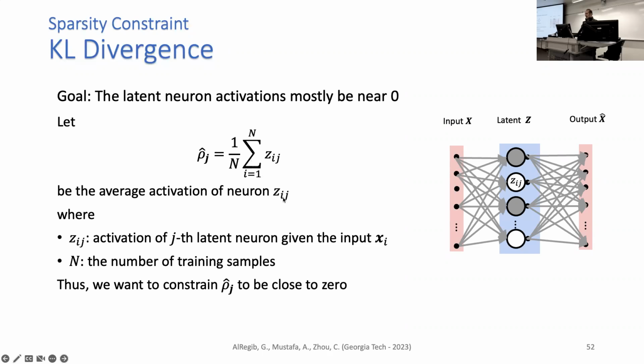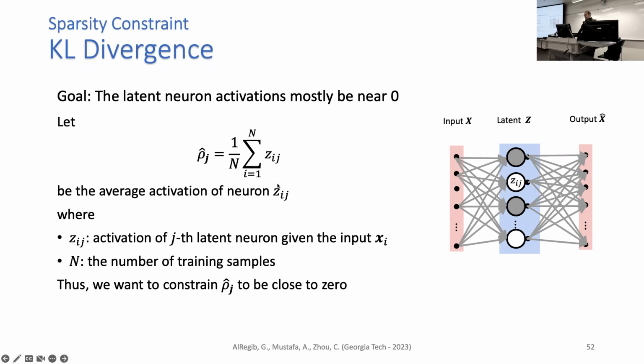This i is the xi, the input sample, and j is the jth latent neuron, right? And then we are averaging over all n samples for that specific neuron zij. So all those activations for that specific neuron, for all n input samples, I'm creating this average, which is rho sub j, which is rho hat in this case.